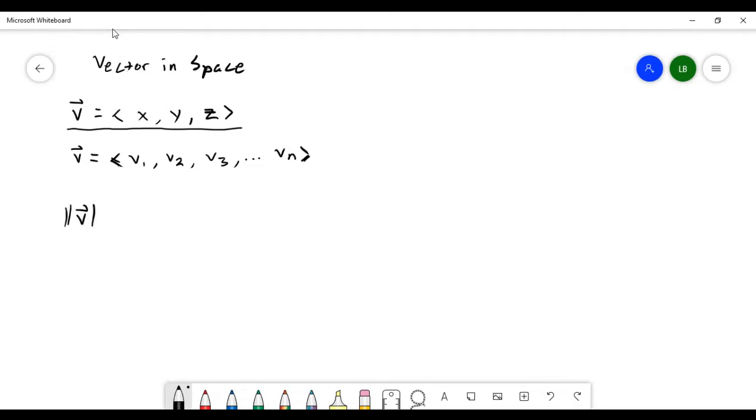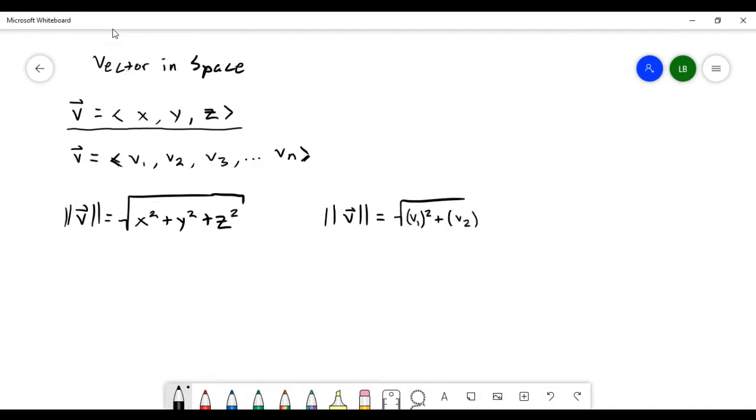But still, finding the magnitude of a vector is exactly the same. You just use the Pythagorean theorem, except in this case, it would be x squared plus y squared plus z squared, and then you take the square root of all that, or potentially even in general, just the square root of all the terms added up.